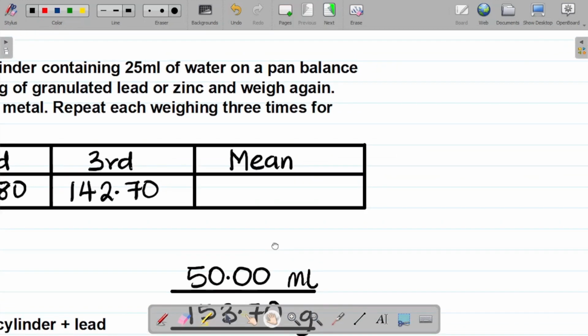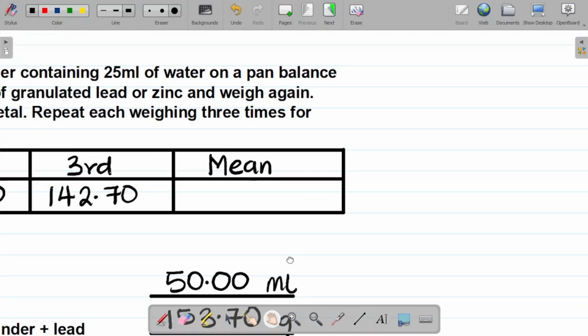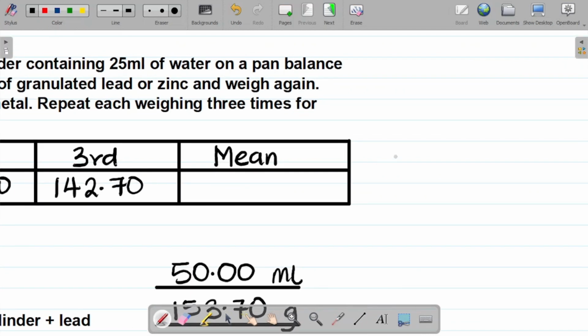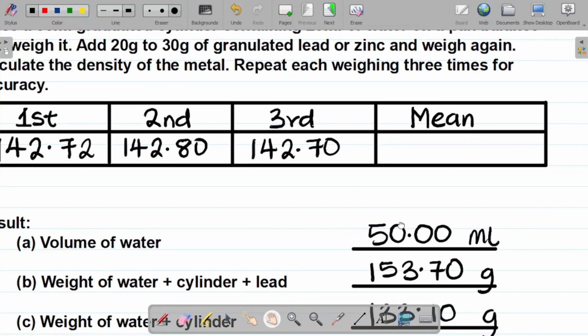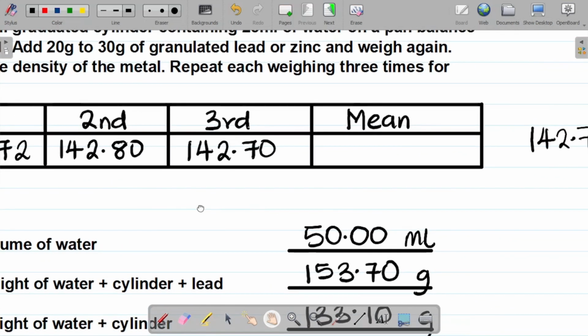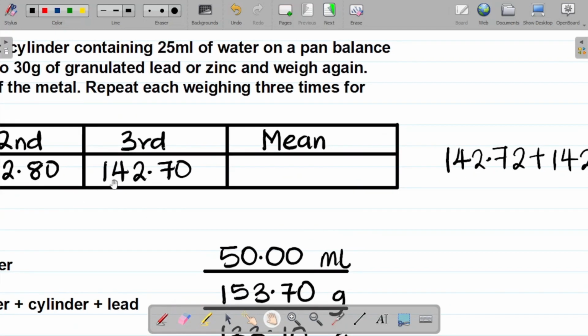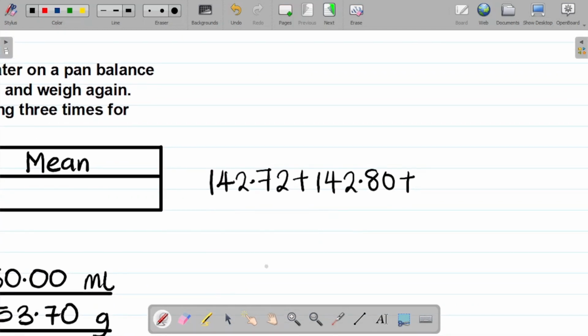My first value here is 142.72, plus the second one, 142.80, plus the final one, my third reading, 142.70. So I'll add all of this.